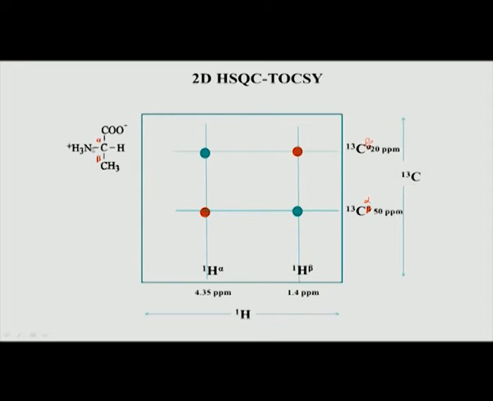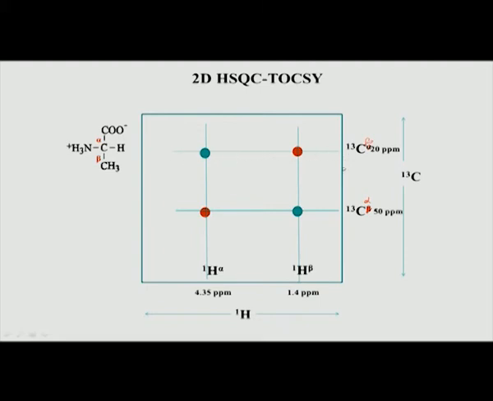Similarly, if you go to any other carbon in the same molecule, you will get a full line of the full spin system showing up. So, this is how HSQC TOCSY works: given a molecule or a spin system, you take any carbon in the spin system and take the line along that horizontal, and all the proton peaks in that spin system will show up here.